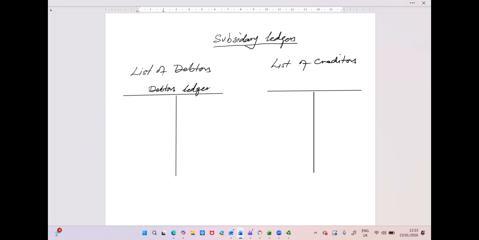And similarly, this will be creditor's ledger. And from the top of the question, you can see that the opening balance, which is different from the control account, is 28,040, and the total of creditors balance, brought down balance, is 26398.